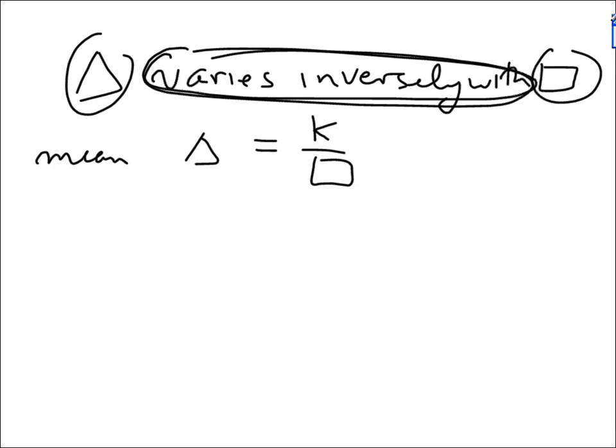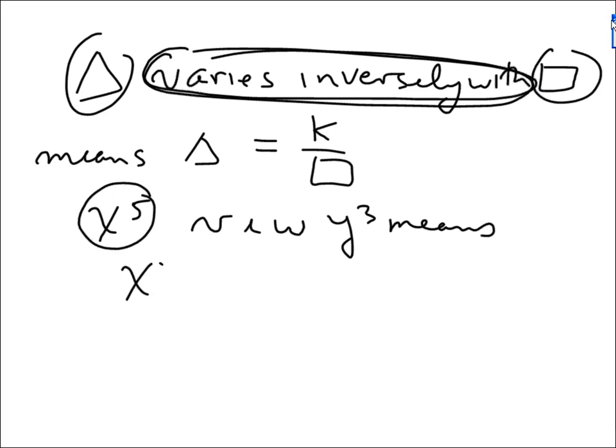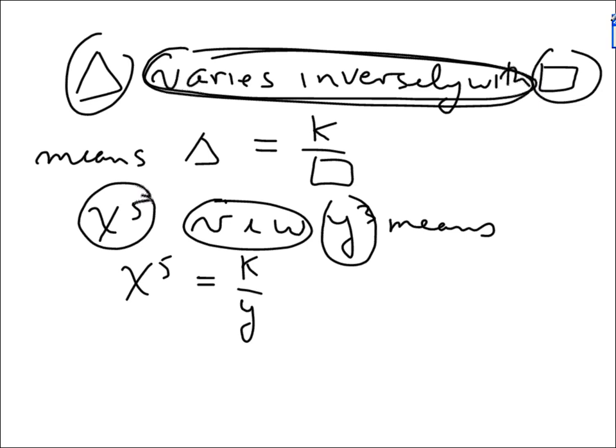With real expressions, x to the fifth varies inversely with y cubed. What does this mean? It means this is equal to k over that. Just copy down the this and the that. Sometimes you multiply by k and sometimes you divide.